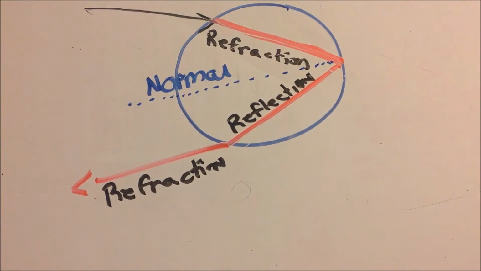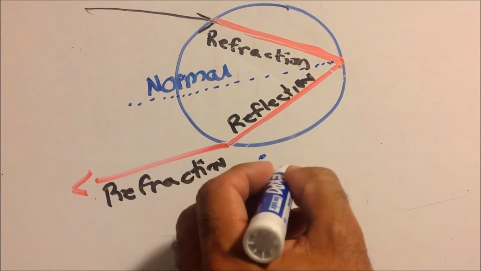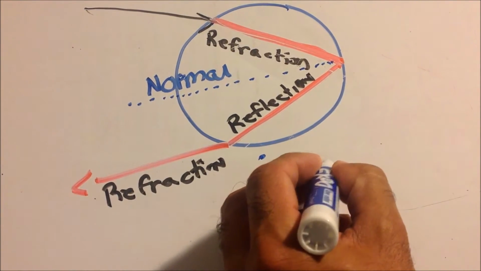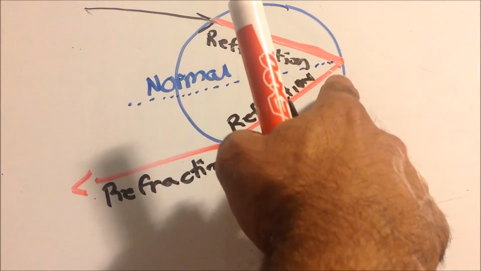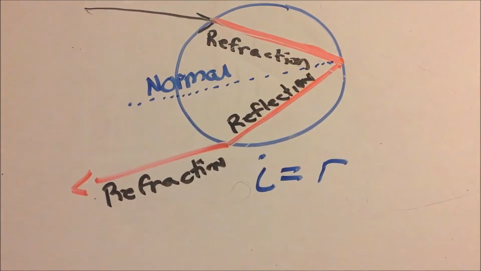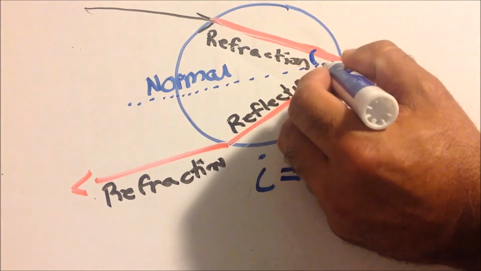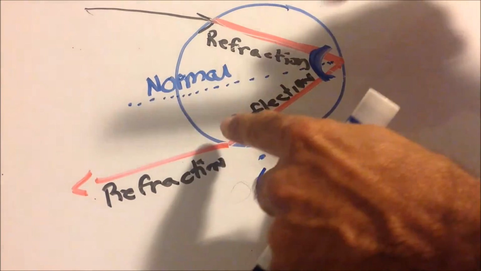And it follows a certain law. So the line of reflection, we'll say I equals R, where I is the line of incidence, and R is the reflection. And they equal each other. In other words, they have the same degree, and you can see it here. This degree and that degree will be even.